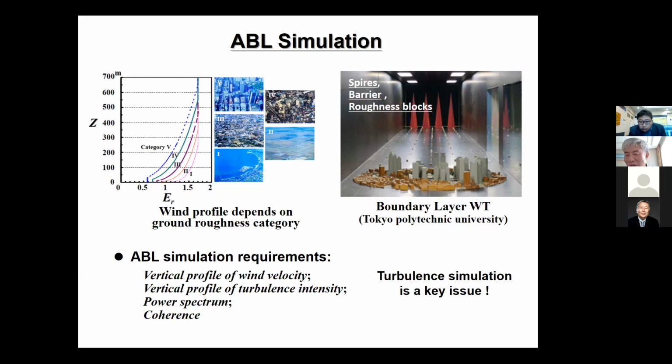We try a lot of tests by trial and error, then fix the combination of spires and reference blocks to generate the turbulent inflow. It cannot fit exactly if you ask for, for instance, a particular alpha value. It is quite difficult to simulate the turbulent inflow, especially near the ground. It is very difficult, but it is trial and error.